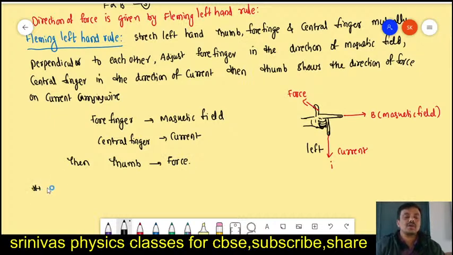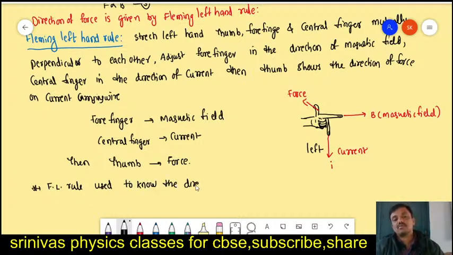The Fleming left hand rule is used to know the direction of force on a current carrying wire.